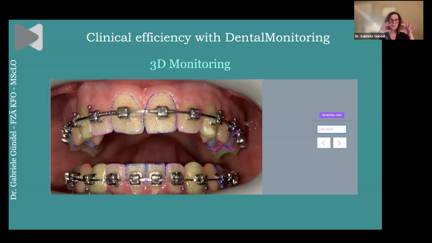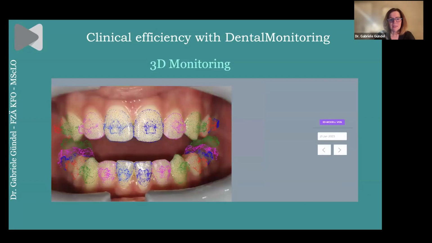You can scan from the anterior and lateral perspective, but if you have the 3D matching and the calculation, you can easily find out if there is maybe one tooth starting to move. And then please call in your patient, give him an appointment, because definitely there is something wrong with your retainers.